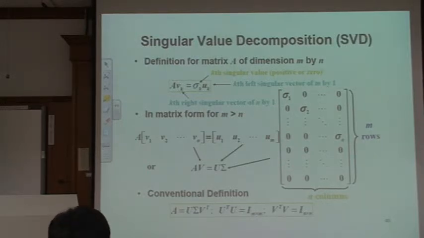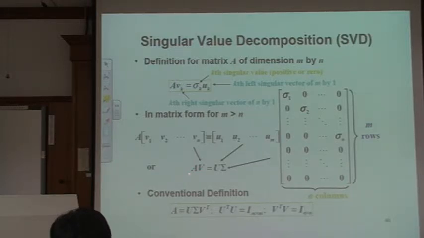So basically, if you can find A times v equal to sigma times u in this form, we call sigma the singular value, and v_k and u_k the right and left singular vectors. This whole matrix consists of all the right singular vectors, and we give it the name big V, and all the u's we consider as the big U matrix. If we can do it this way, we call it singular value decomposition.